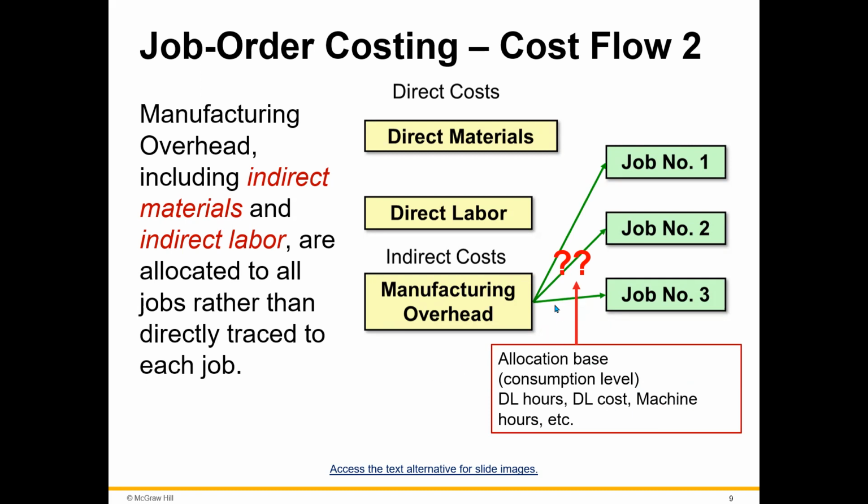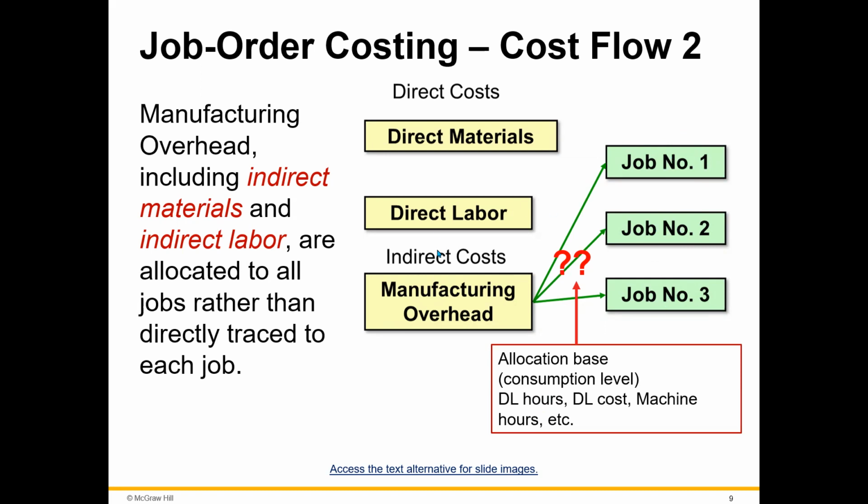For example, we have the $6,000 overhead. If you allocate it based upon direct labor hours, you may have different levels, right? So you may have 500 hours here, 400 hours here, or 8 hours for job number 3.